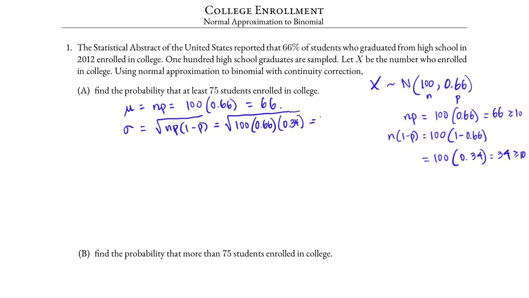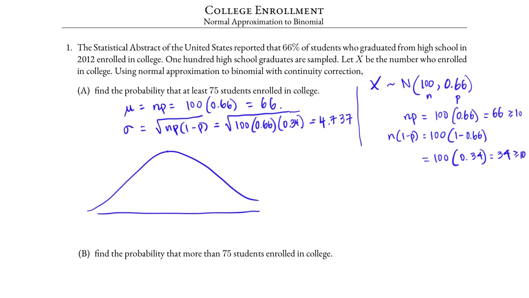And we see that this is 4.737. Since the standard deviation is small, we round it to 3 decimal places instead of the usual 2 decimal places.